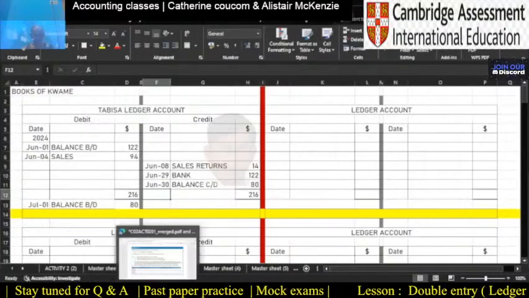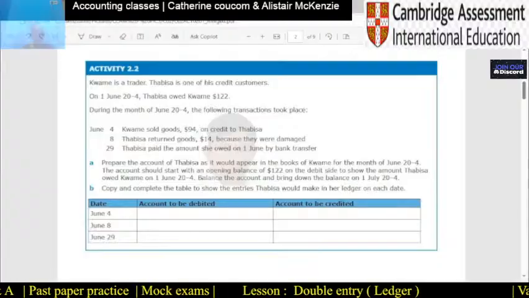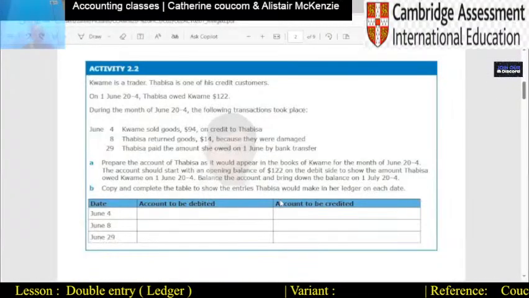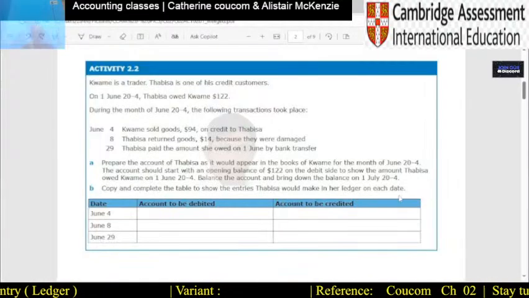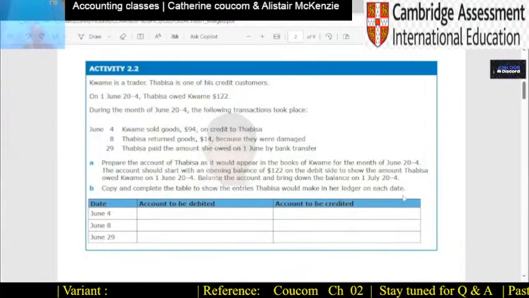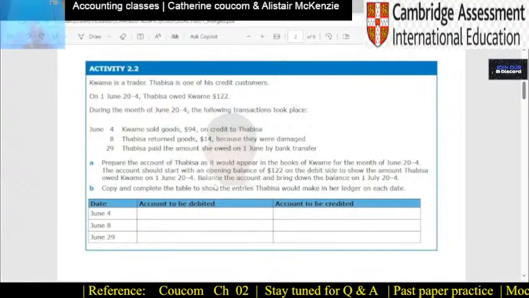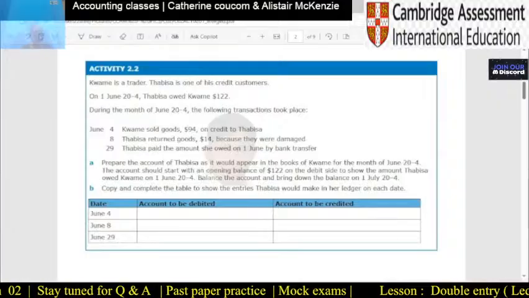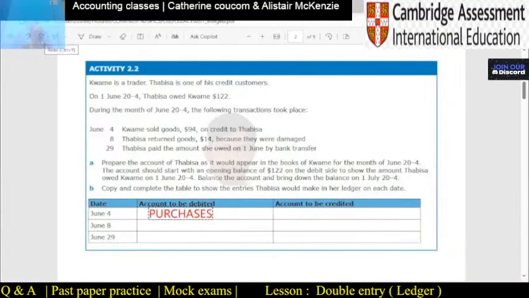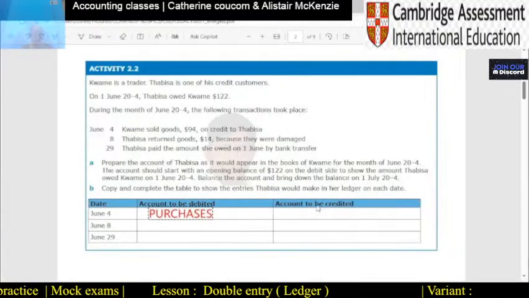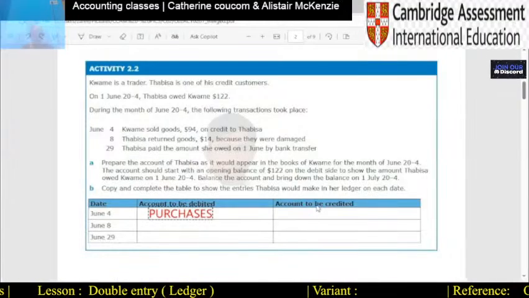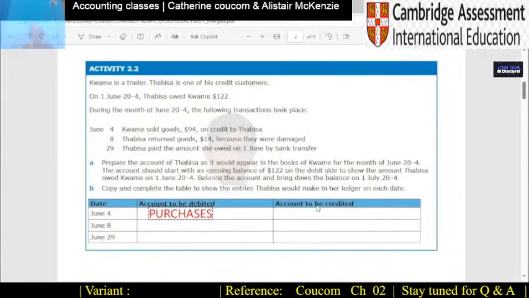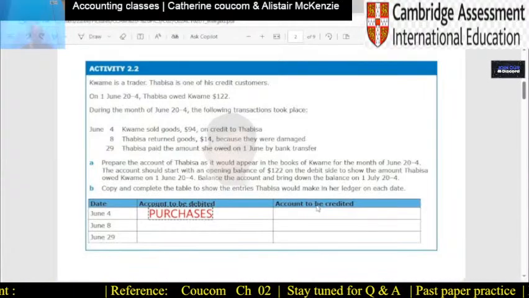Next. Now copy and complete the table to show the entries Tabisha would make in her ledger on each date. Okay, so amount to be debited, June 4th, Kwame sold goods. Purchases. So when Kwame sells, Tabisha would purchase.